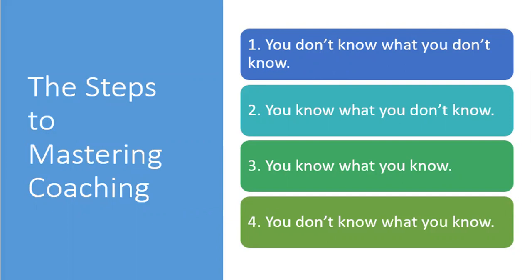But if you keep practicing, you get to that magical number 4 where you don't know what you know. And that sounds a little bit crazy, but what happens is that as you practice more and more and more, your brain begins to move some of that information into your subconscious. And it will stay there, particularly if you keep coaching a lot, and it will be there when you need it.